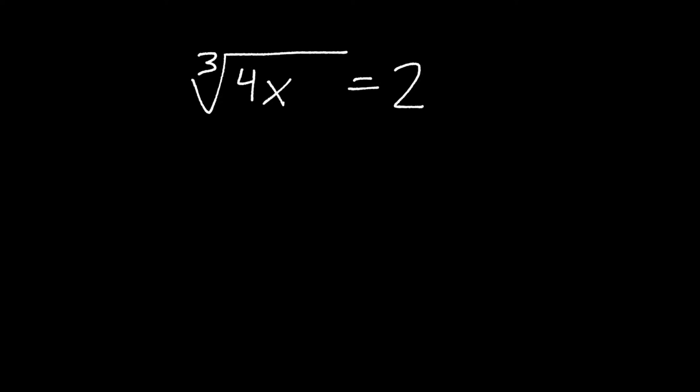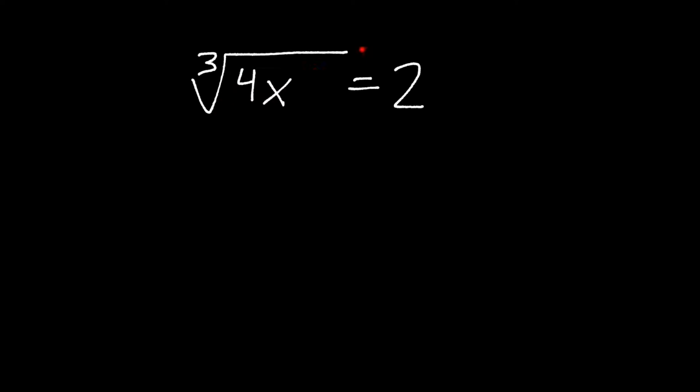At first glance, this new example looks just like the ones we've been working on, but hopefully you notice our index. Our index is 3. Which means this is not a square root, this is a cubed root. So this is the cubed root of 4x, and we want to figure out what's going to make it equal to 2. Well, think of it this way.